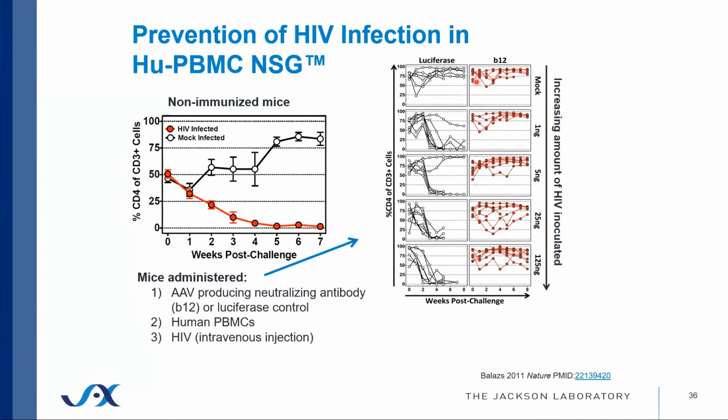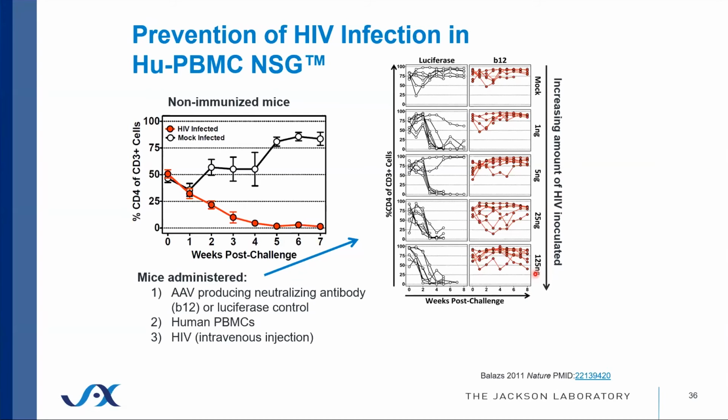The CD4 cell levels stayed much more constant. There wasn't a lasting downward trend in most of these mice, even when the amount of inoculating virus, as you see going down this axis here, was escalated from 1 nanogram all the way up to 125 nanograms. And these mice were followed for several weeks post-challenge. I see this is about 6 to 8 weeks post-challenge.